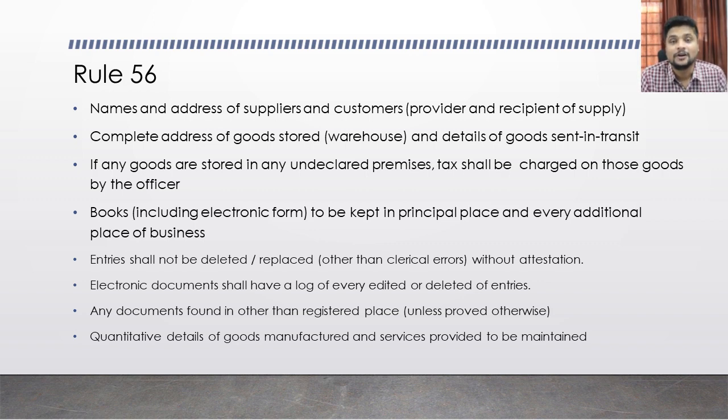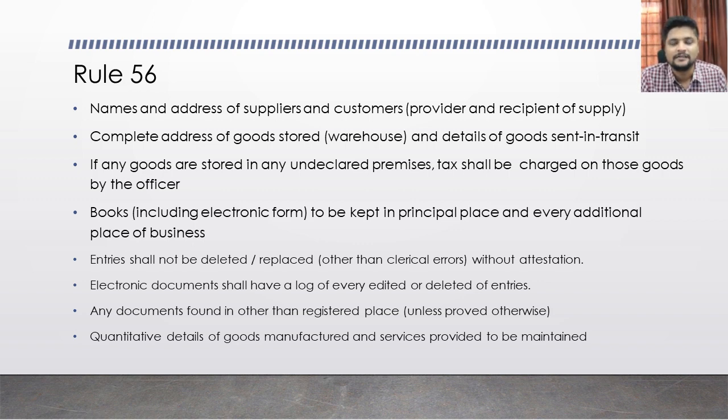Whatever the documents or transactions done from that additional place of business, any documents or books relating to that has to be maintained in that additional place of business. Additionally, those documents can also be maintained in the principal place of business along with the transactions which you are doing from the principal place of business. Clear or not?